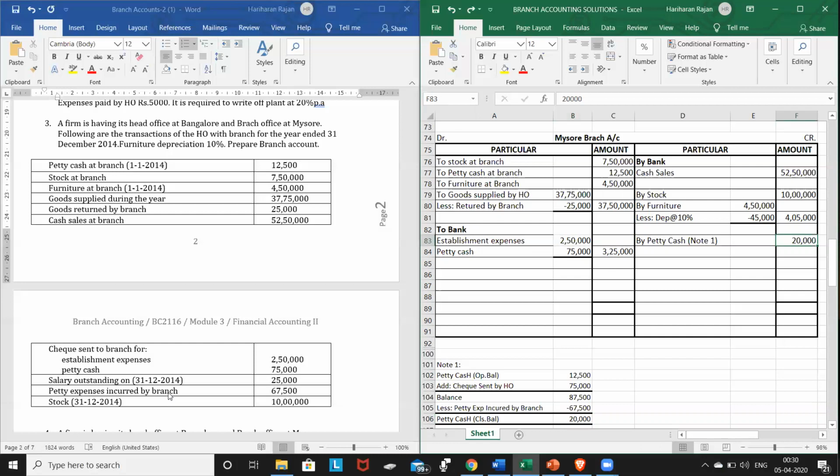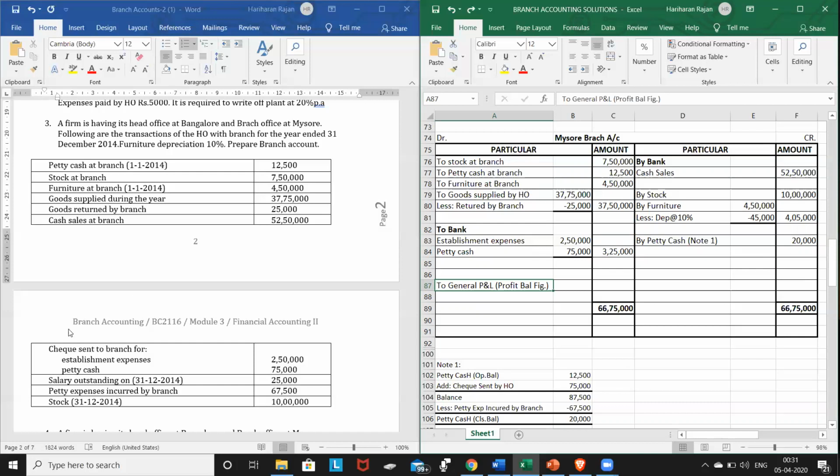Now this can be taken further. Let's see which is the highest. Here the total is more, here the total is less by 14 lakhs. So the highest total goes aside, and the balance is profit.